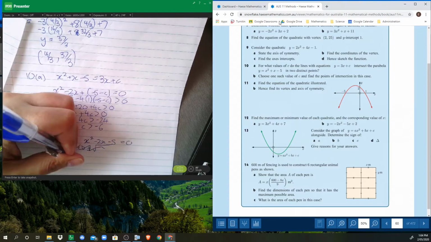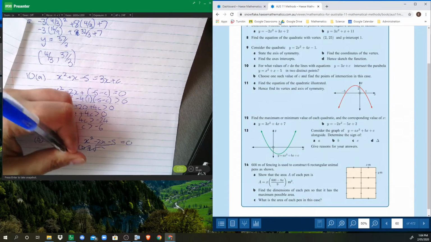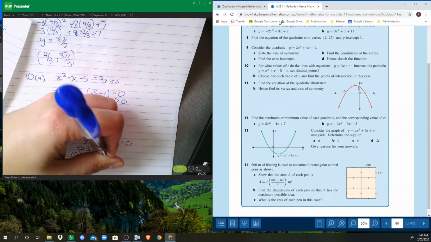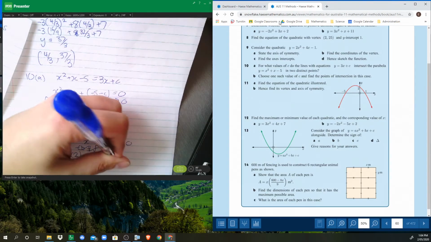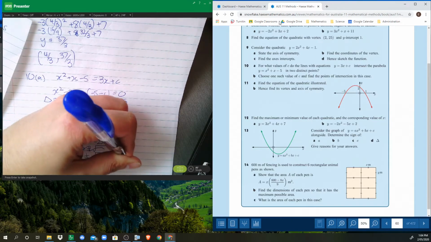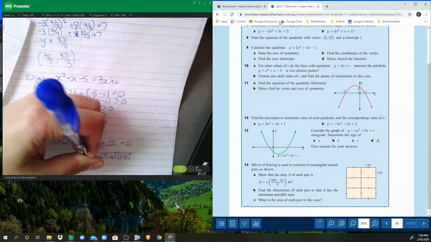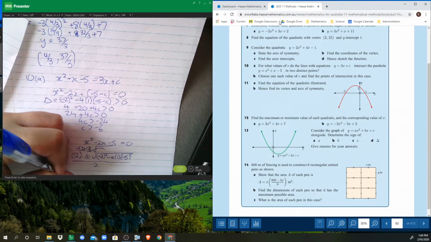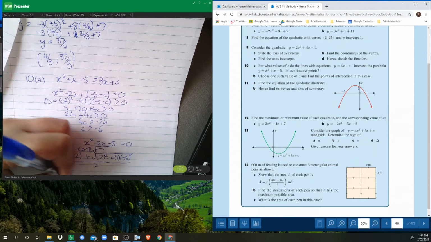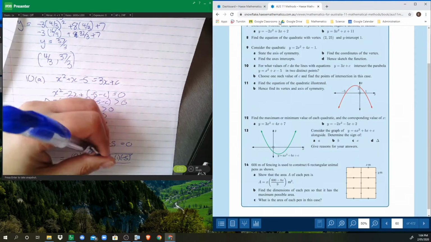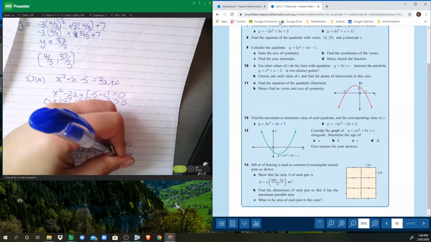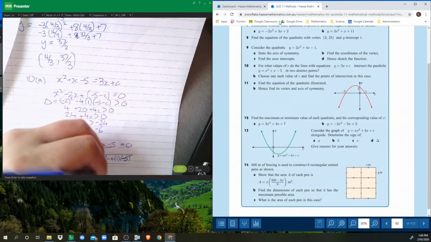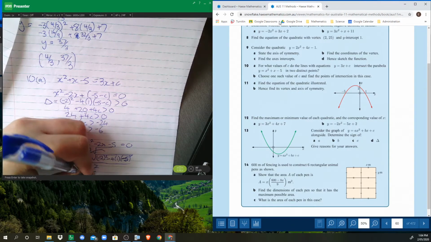Well, actually, I'll just substitute in. So it says 2 plus or minus the square root of 2 squared minus 4 times 1 times 5, all over 2. All right, square root 24.